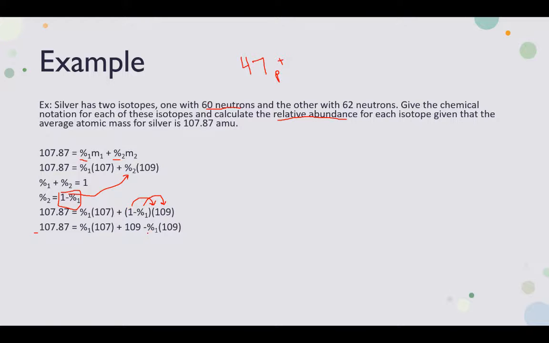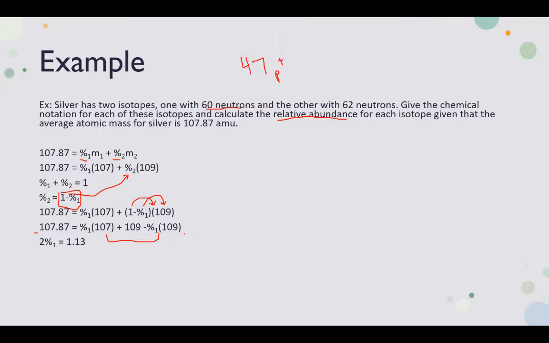And I'm going to add my percentage 1 times 109 and subtract my percentage 1 times 107. So looking at this, you can really see that the way it's written here is percentage 1 times 107 minus percentage 1 times 109. So 107 minus 109 would be -2.